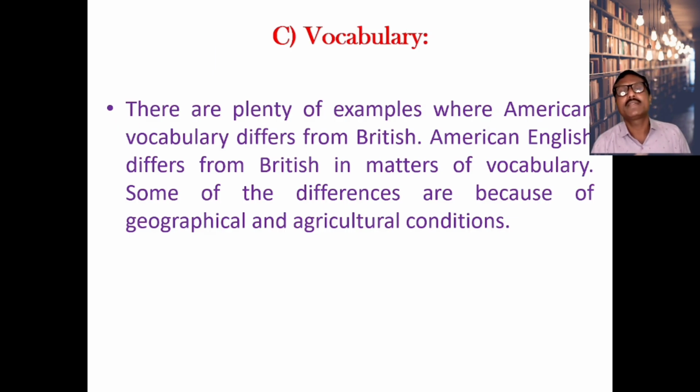Okay, now let's come to another point called vocabulary. In terms of vocabulary too, there are plenty of examples where American vocabulary differs from that of British people. American English differs from British in matters of vocabulary because there are some geographical reasons as well as agricultural reasons, and you can also say there are some social reasons.